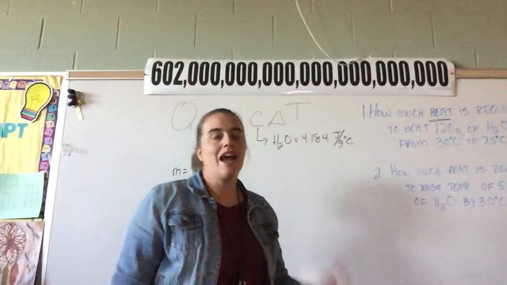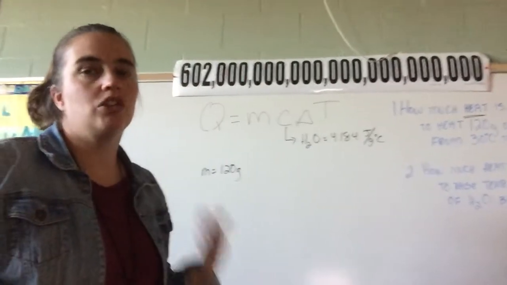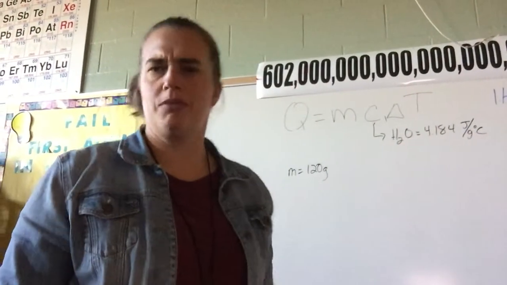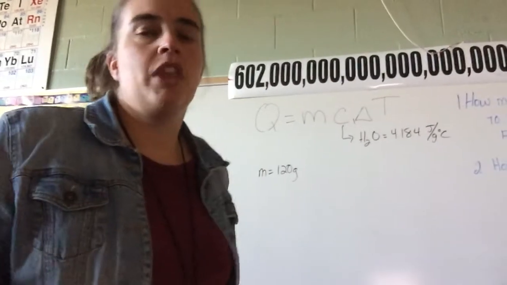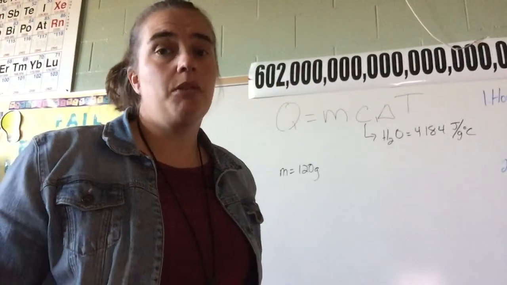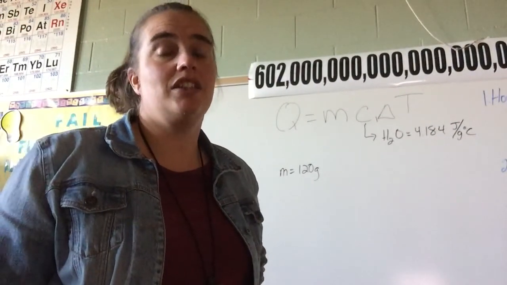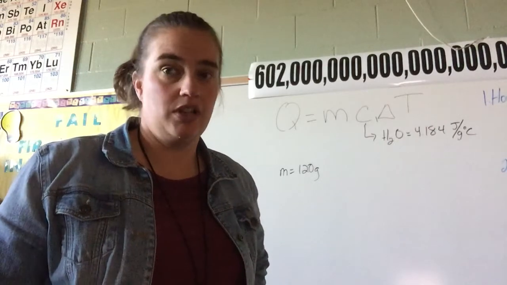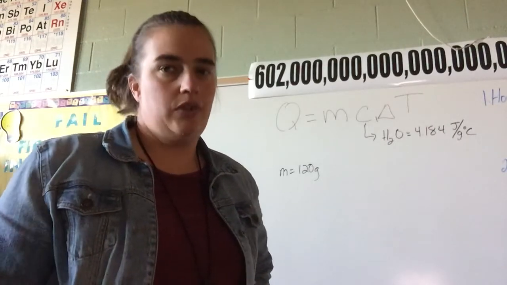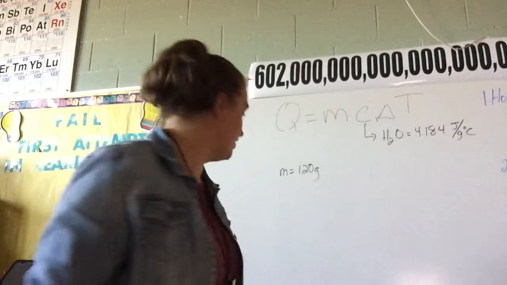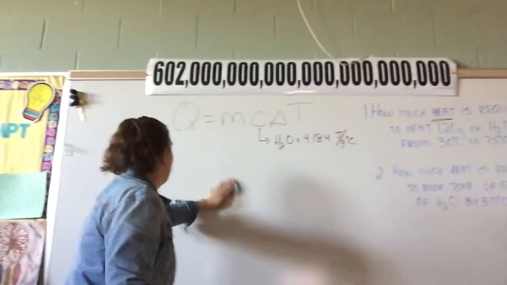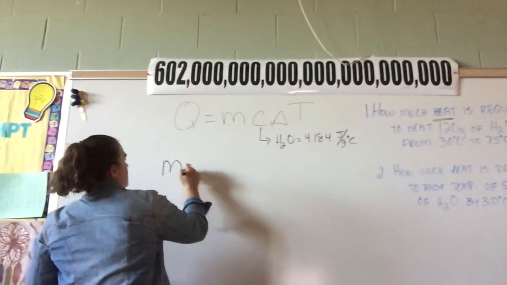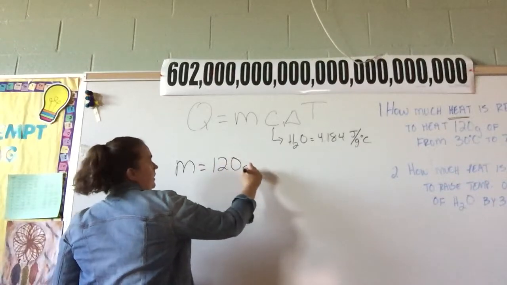Now, I'm not requiring you to do a 5-step problem. However, with these problems, it is a lot easier to say this variable is referring to this, and this variable, this, so you know exactly what you have. So my mass is 120 grams.